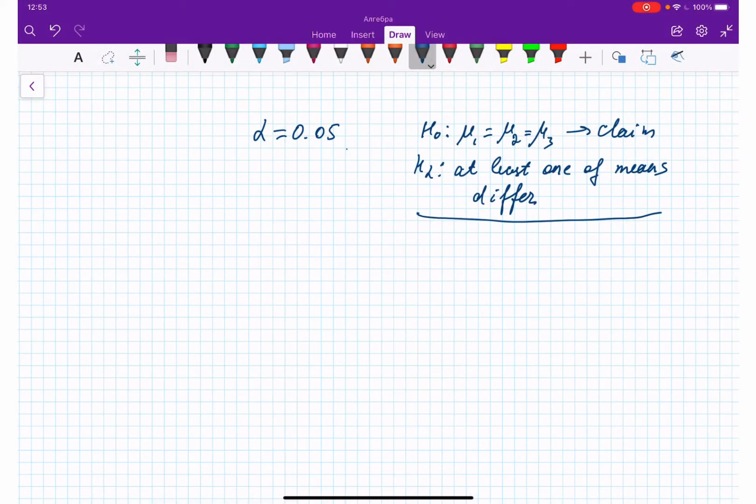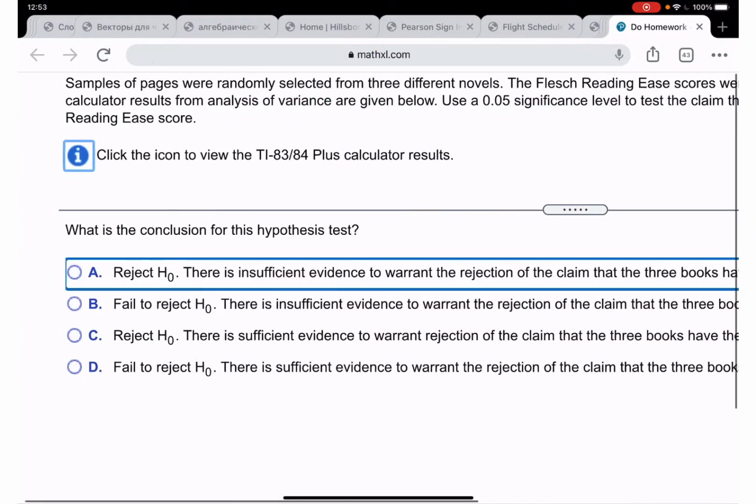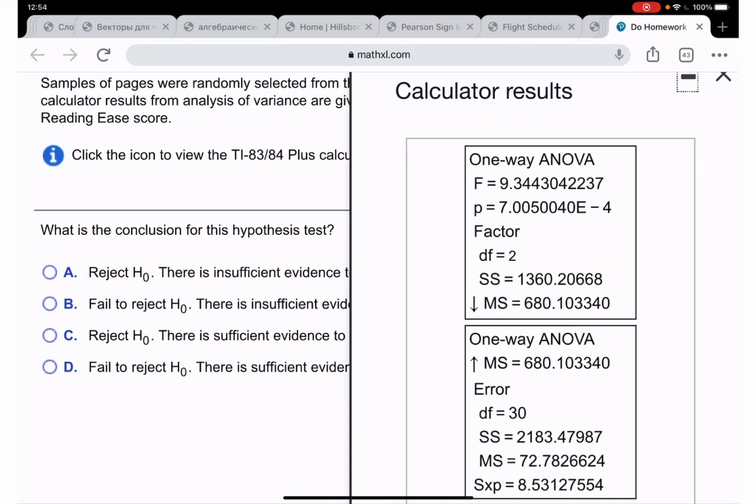All right, so what we're going to do now is get our alpha. We know our famous comparison, alpha versus p-value, right? So we have alpha 0.05. Now let's go get our p-value. It is 7.005 E minus 4.